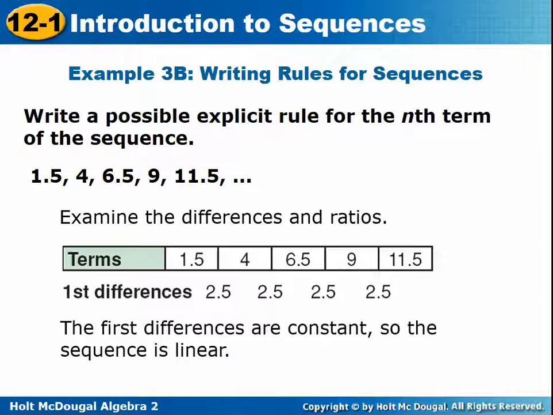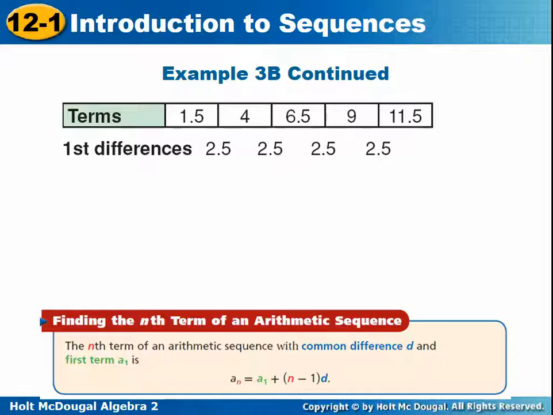That tells us that this is a linear pattern. And if it is a linear sequence, then we can use the explicit formula for an arithmetic sequence with a common difference. And the common difference is going to be the same as the first differences. And we use the pattern a sub n equals a sub 1, which is the first term, plus n minus 1.